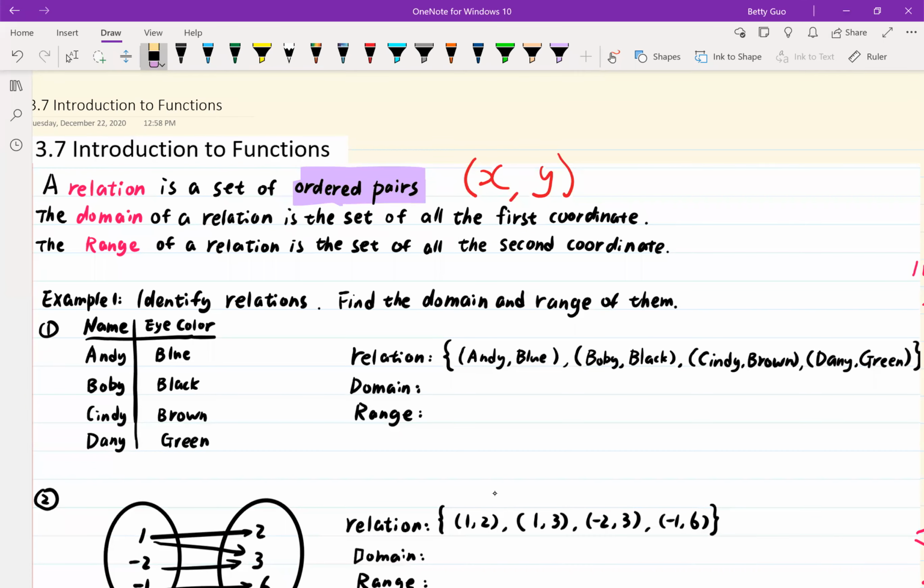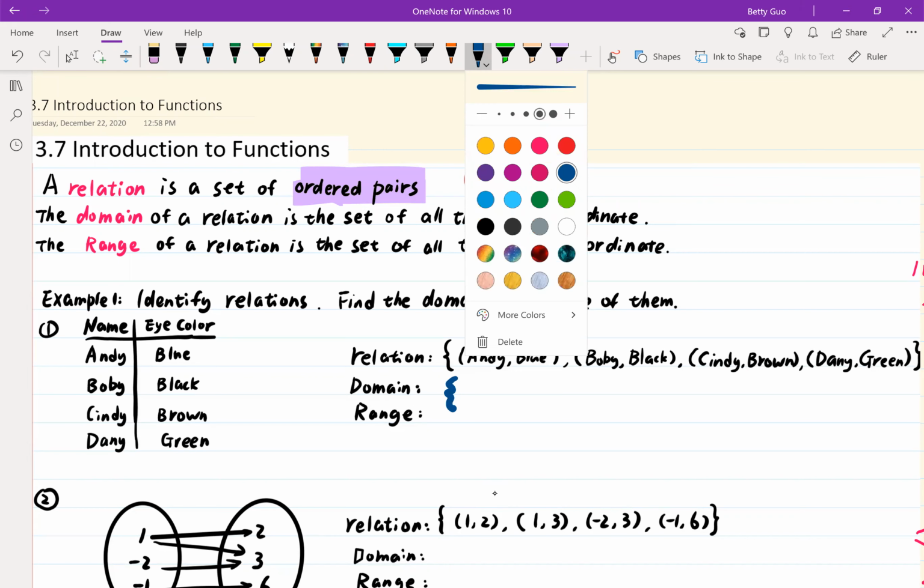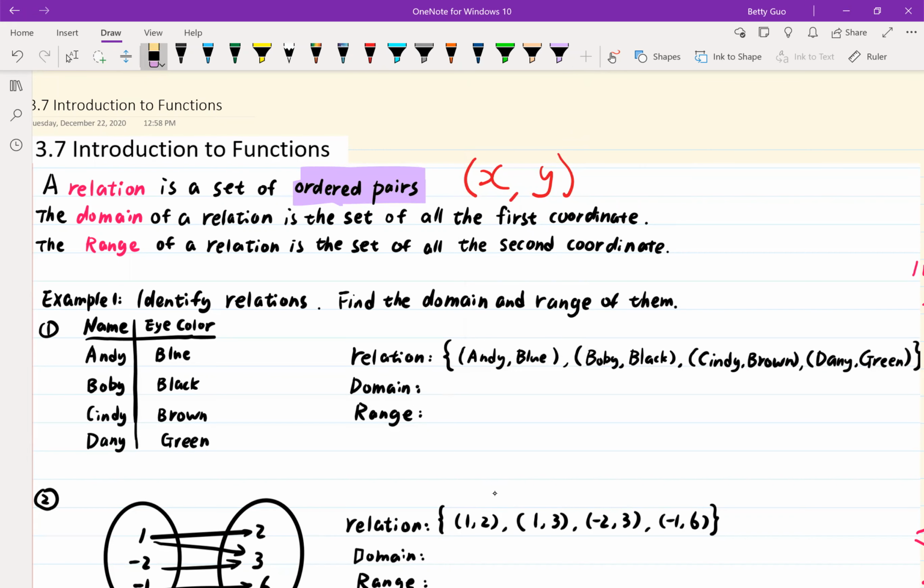Okay, since we agree that's a relation, how do we find a domain and range for the relation? What's the definition for domain and range in your note? Both domain and range are sets. Domain is a set of what? Domain corresponds to the first component. It contains all the first components of the pairs in the relation. What's the first component of the first pair?